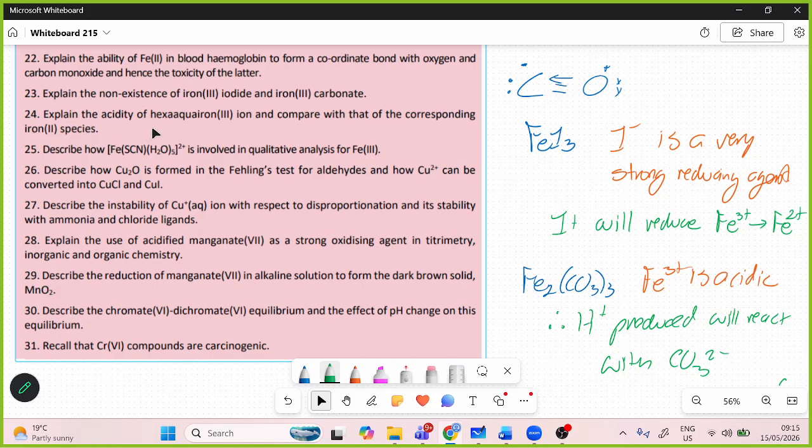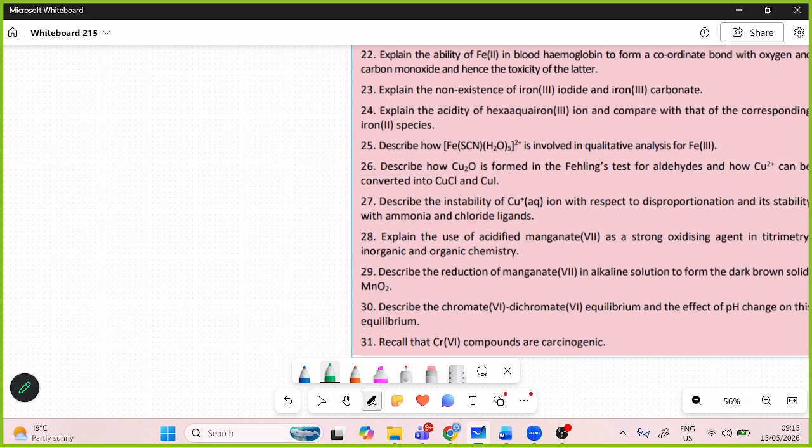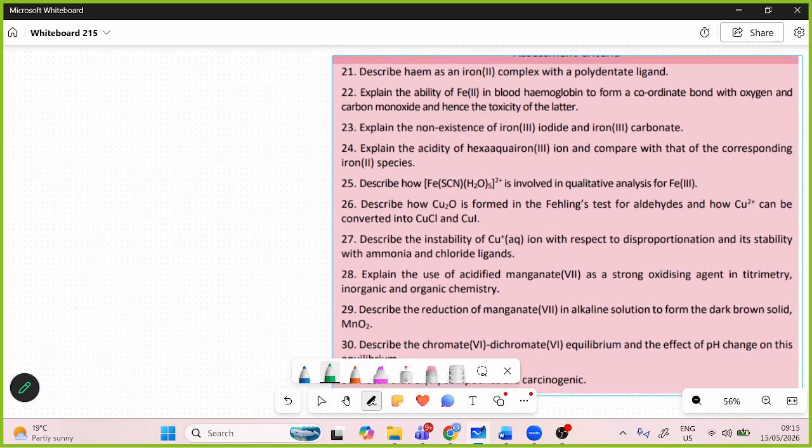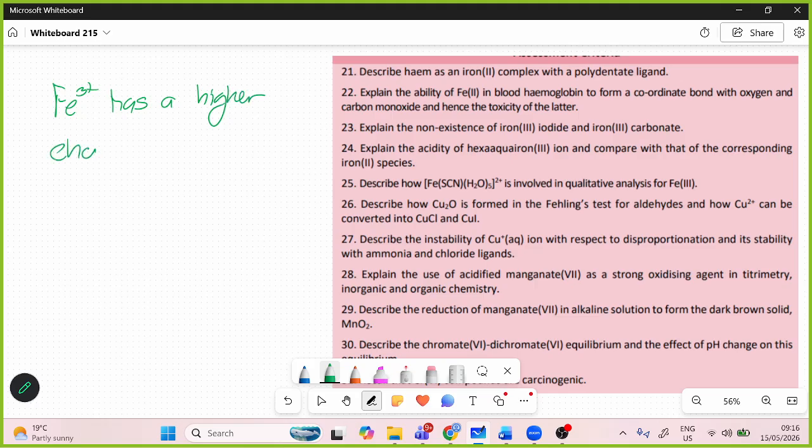Then explain the acidity of hexaaqua iron(III) compared to hexaaqua iron(II). This is simple, because Fe3+ has a higher charge density compared to Fe2+.